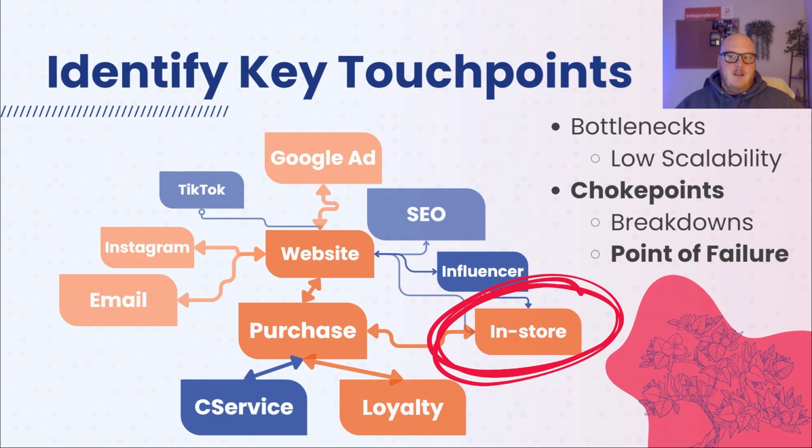The other choke point is points of failure. These are the high value points where things cannot go wrong. If you're a retailer like Target where customers have to come into the store, you cannot have that fail. If your POS system breaks down, you're done.